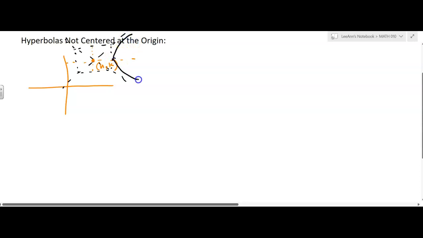But you're going to draw that central rectangle, and you're going to have the asymptotes, just like you did, and then you're going to draw the hyperbola like that. That's how you would graph it.